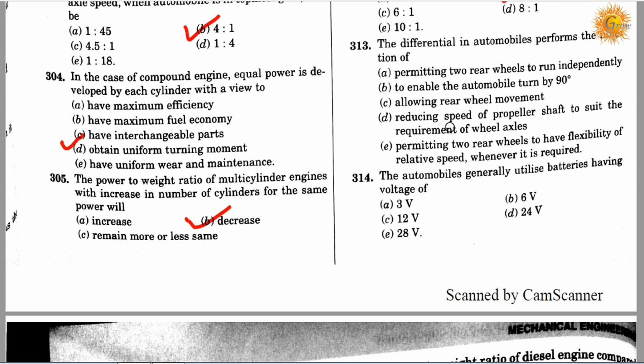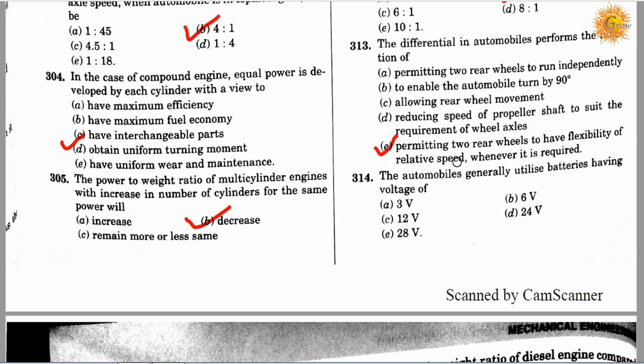Option D, reducing speed of propeller shaft to suit the requirement of wheel axis. Option E, permitting two rear wheels to have a flexibility of relative speed whenever it is required. So the correct answer is E.